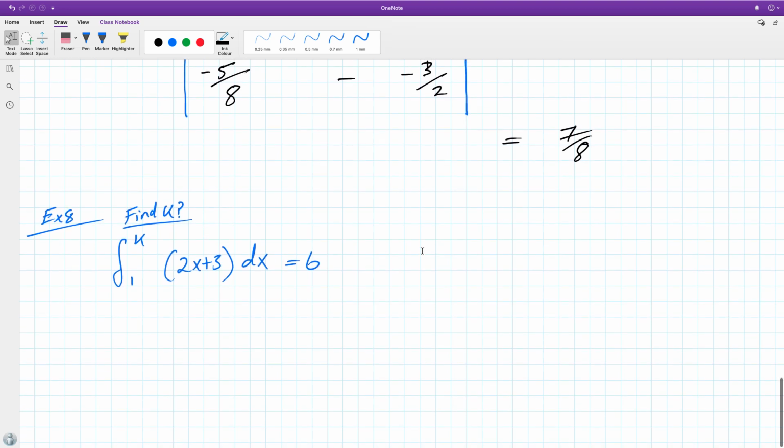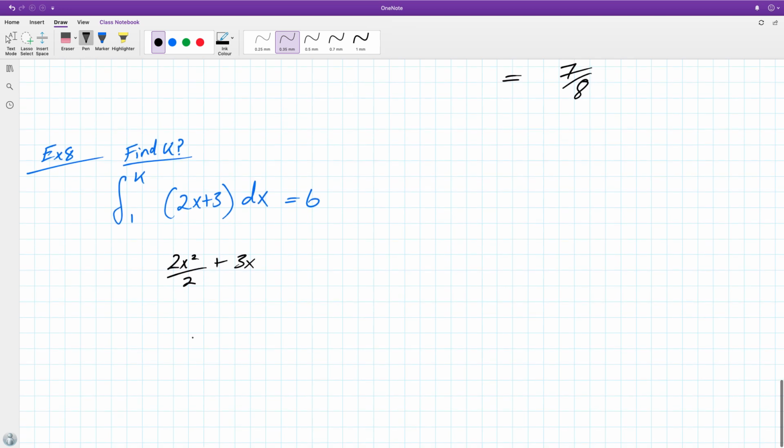So that is integrate 2x plus 3, which is 2x squared over 2 plus 3x. 2x squared over 2 is x squared plus 3x between k and 1 is equal to 6.